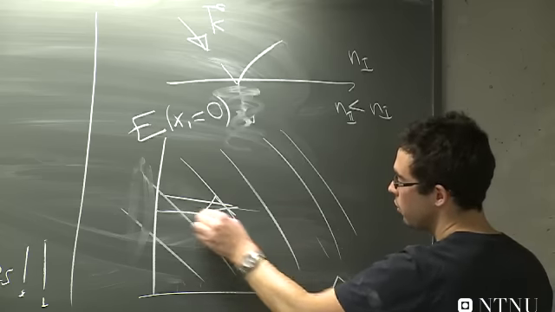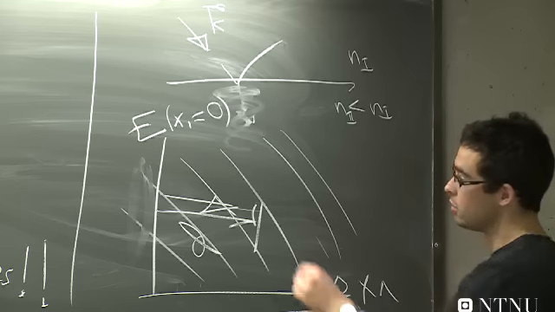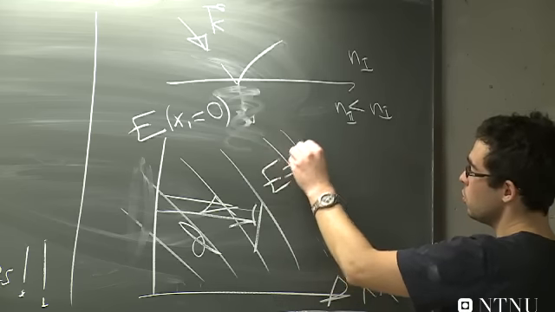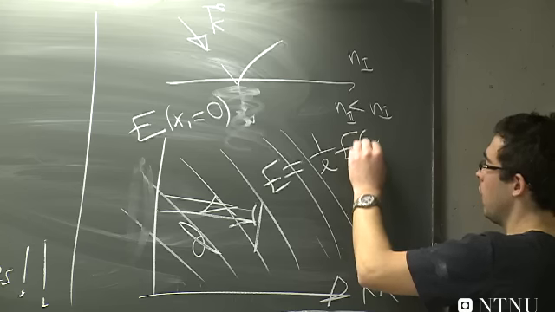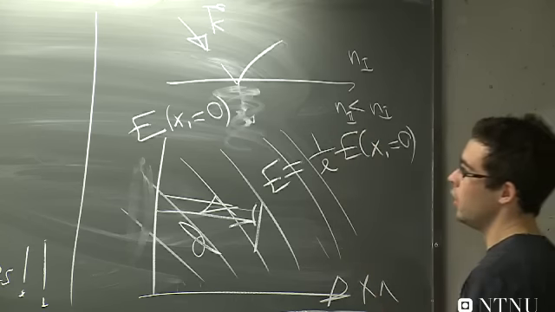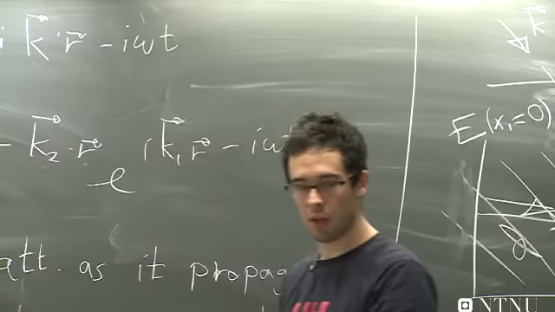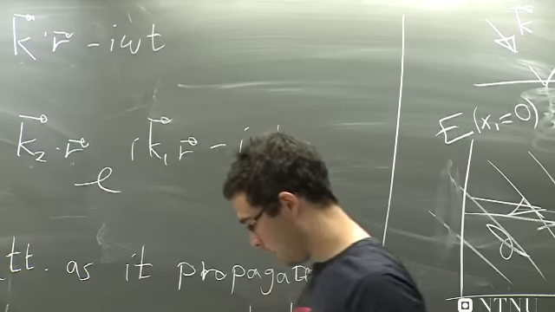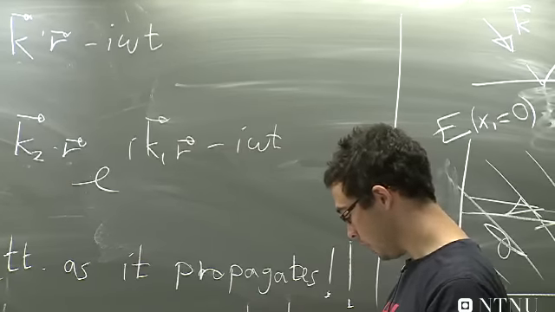And then the depth d, where you have that E is equal to 1 over e times E of x equals 0. That is, we have that the depth in the material is the same as the k. So you have e to the minus 1. That's called the skin depth.